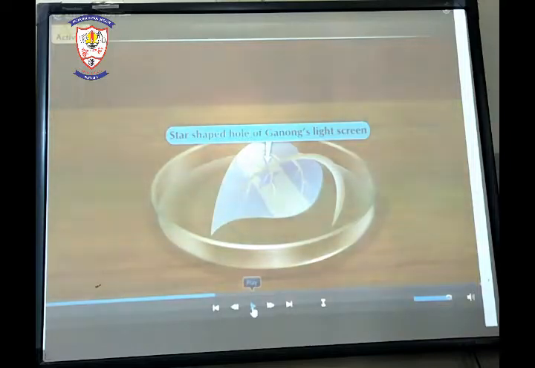The star-shaped hole of the light screen is also the same color, because it synthesizes some starch.